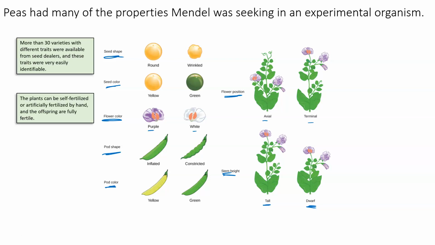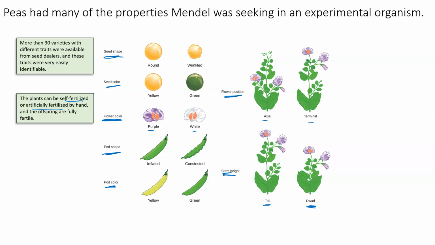The plants that he looked at, all of these plants that exhibited these traits, can be self-fertilized, meaning they can be fertilized using normal plant reproductive processes, or just as easily artificially fertilized by hand. He could control the crossing by taking pollen from one plant that exhibited one trait and putting the pollen on the female parts of the other plant that exhibited different traits. And so he could very easily control the crossings, which is important in genetic testing.